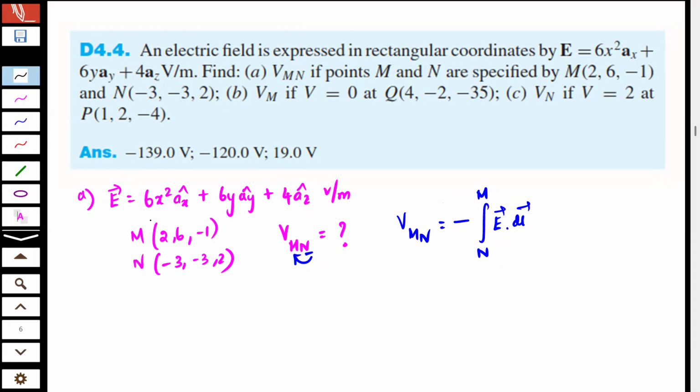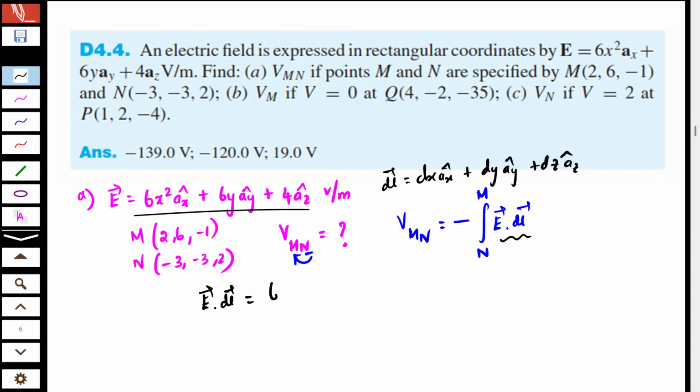So find E vector dot dl vector. In rectangular system, we know dl vector is dx ax cap plus dy ay cap plus dz az cap. Now we should find what is this E vector dot dl vector, which is 6x square dx plus 6y dy plus 4 dz.